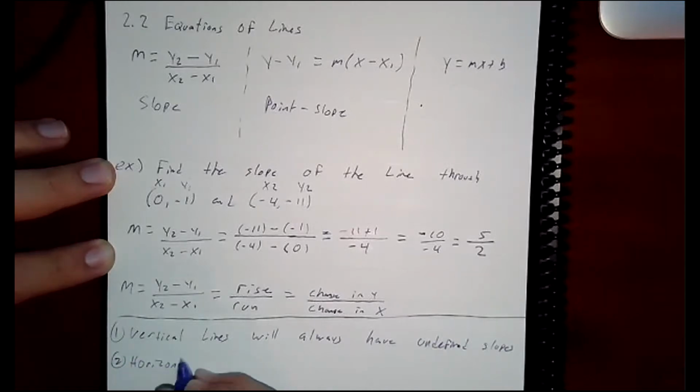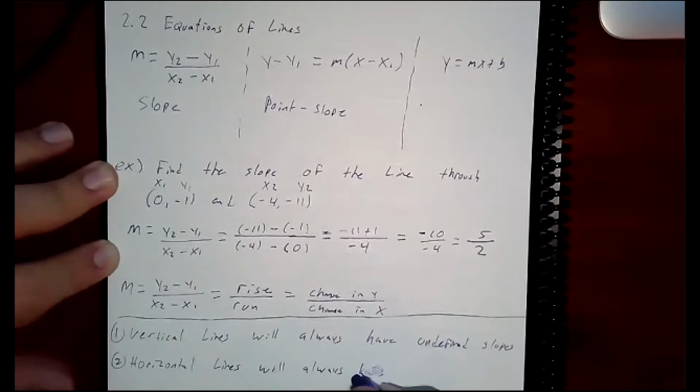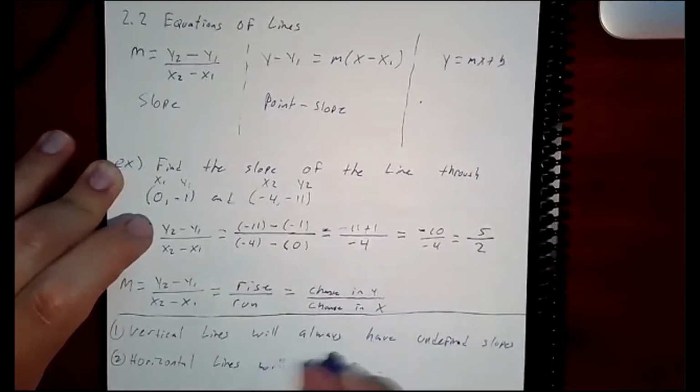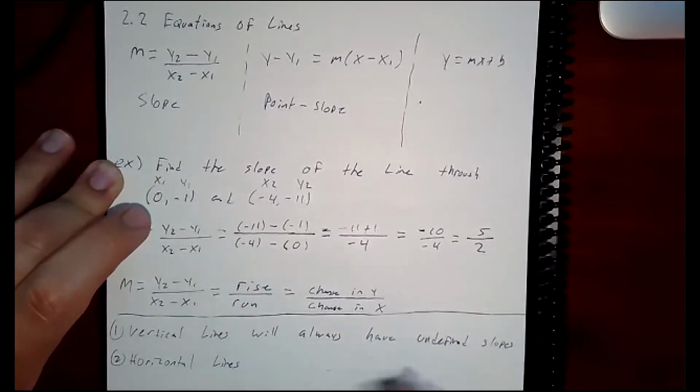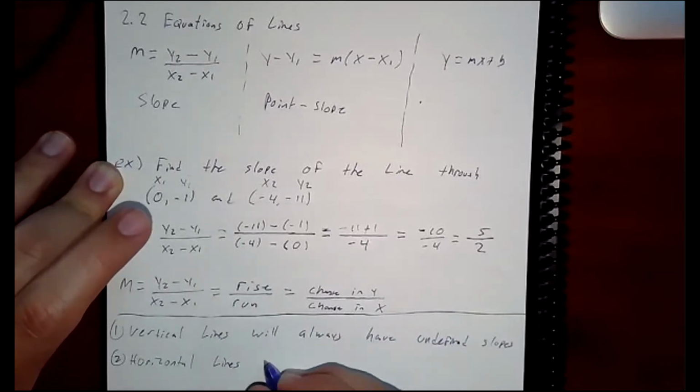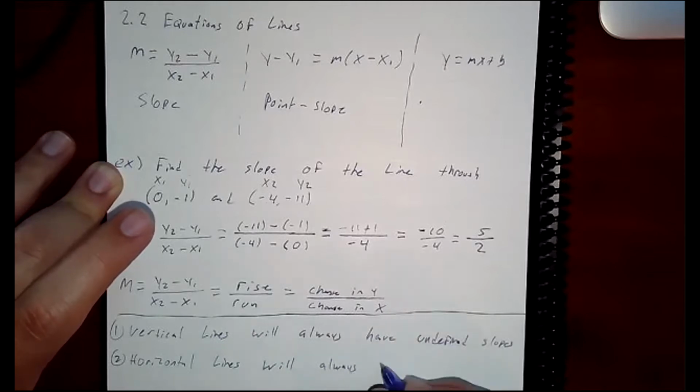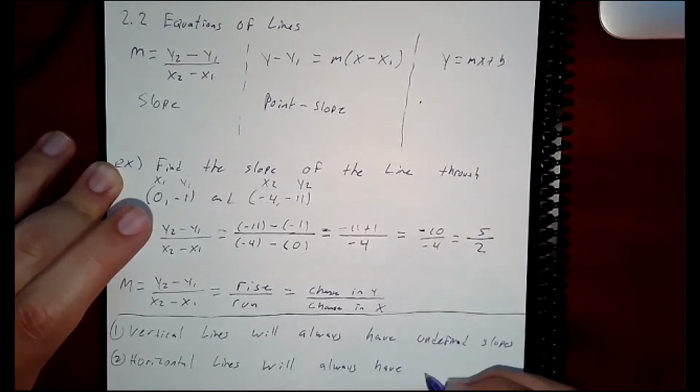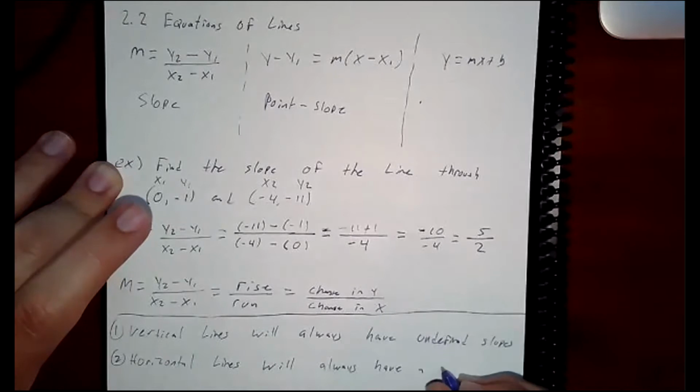Horizontal lines will always have slope 0.